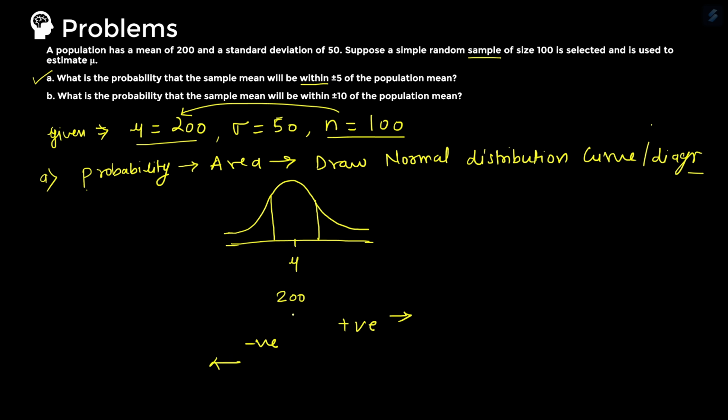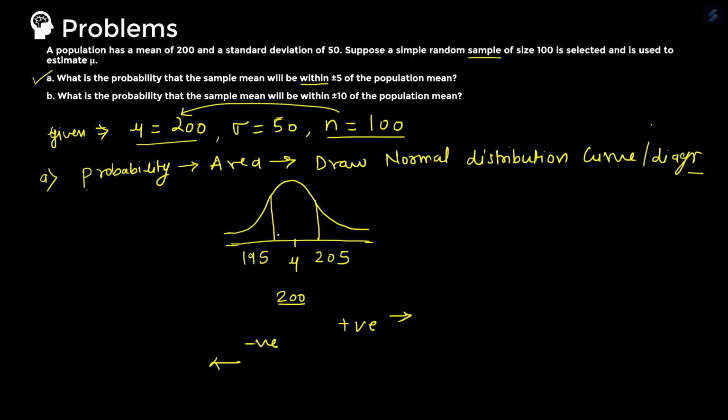So what we will do in this case, we will add 5 and subtract 5. So 200 minus 5, 195, 200 plus 5, 205. That's it. This is what you will always do when they say within.